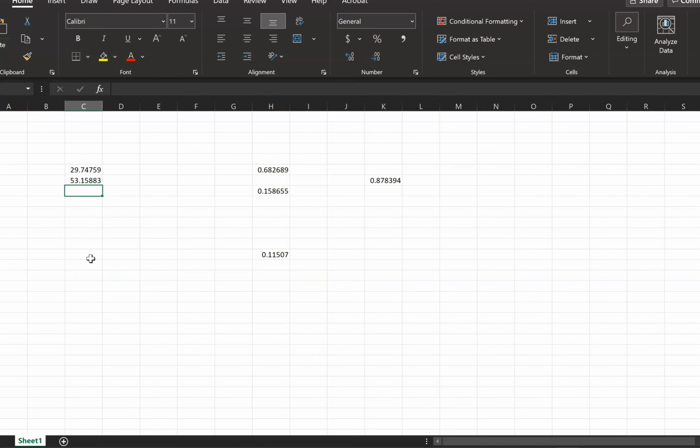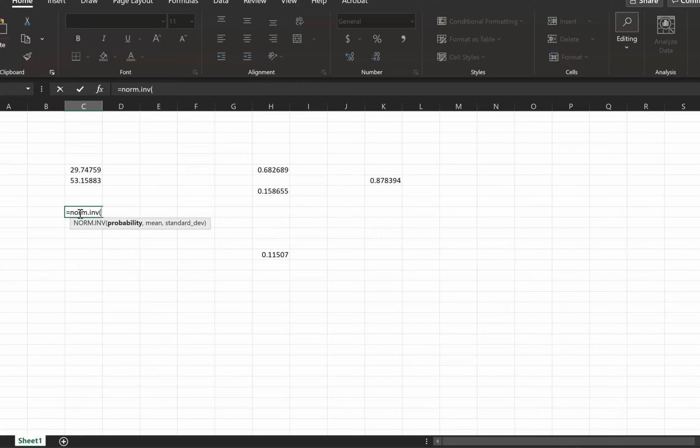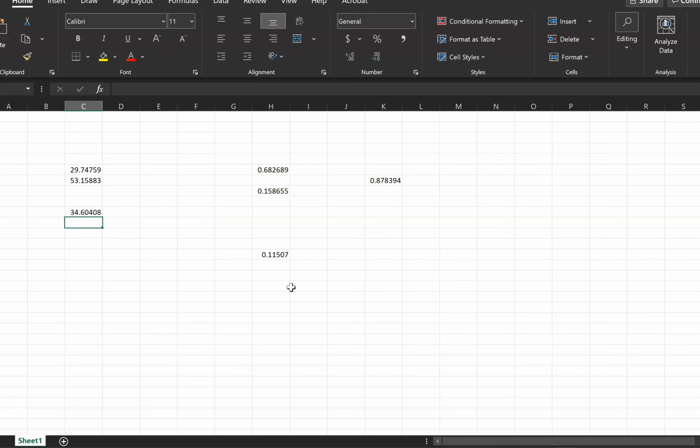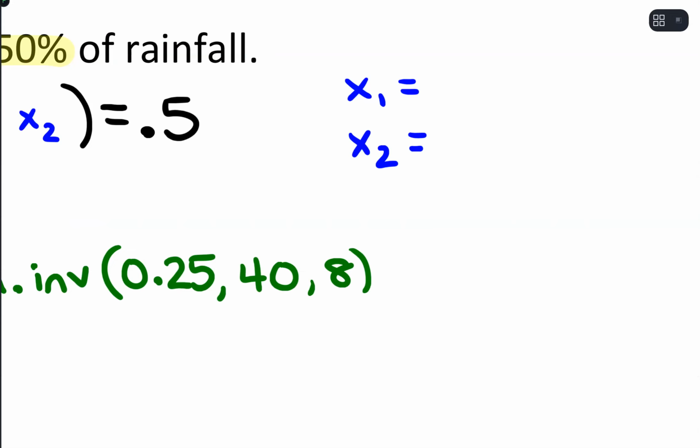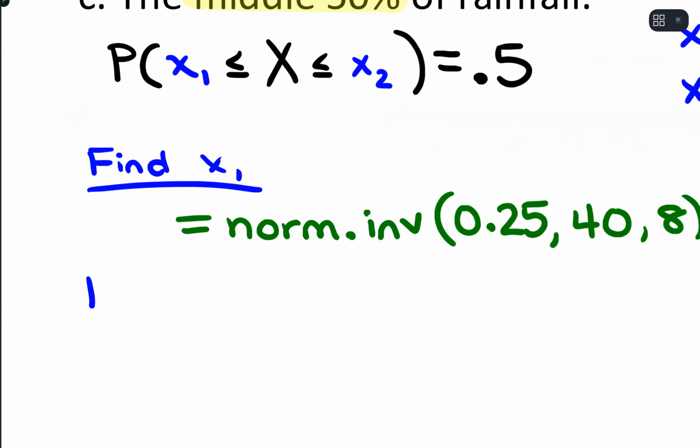Let's go over to Excel: equals norm.inv, 0.25, mean of 40, standard deviation of 8. And that's 34.6041. So x1 is 34.6041.